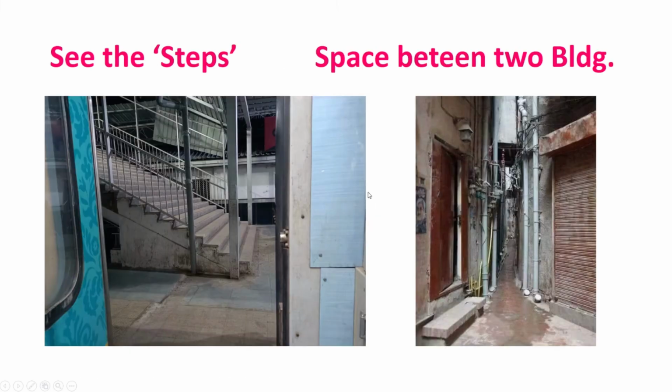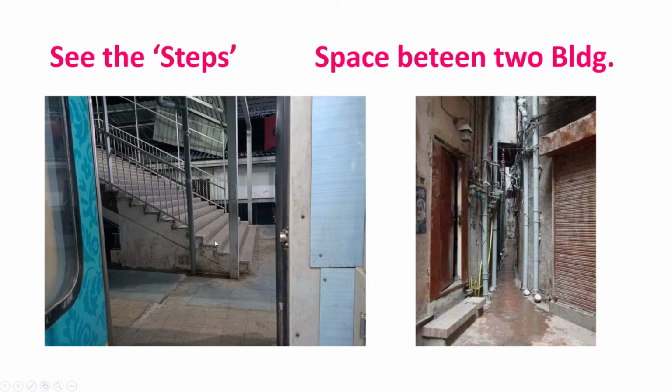Likewise, this is an FOB, foot over bridge. For an FOB, the approach of the staircase, if you look carefully, you can see the riser and the tread. That means some misplanning has gone on.